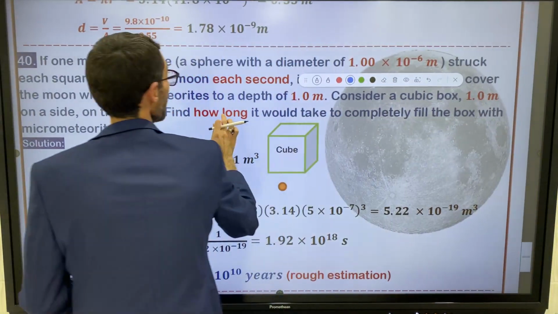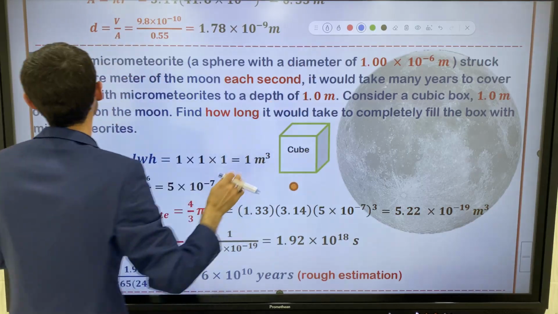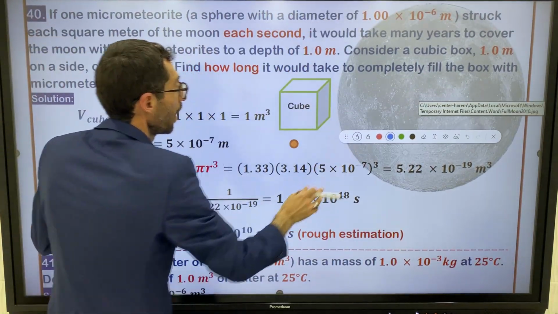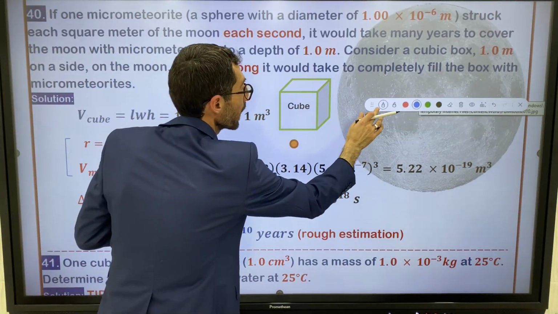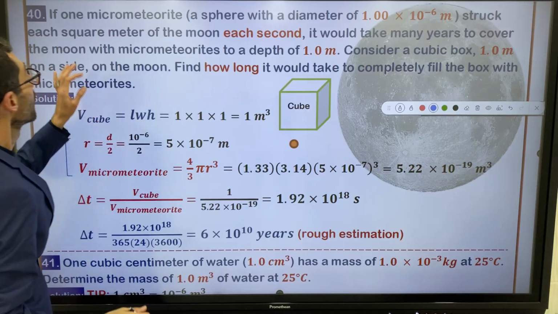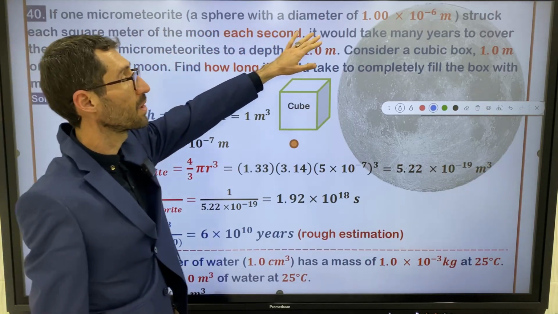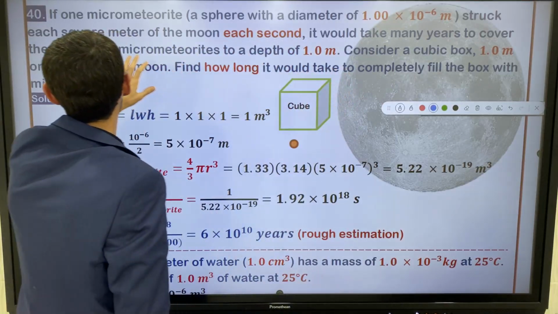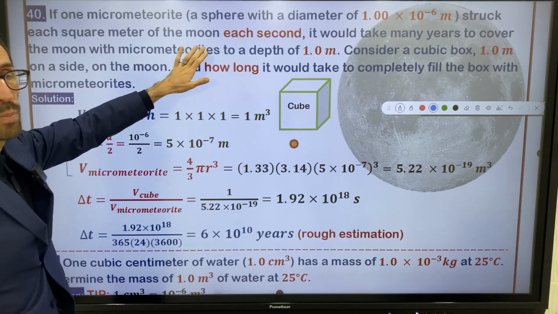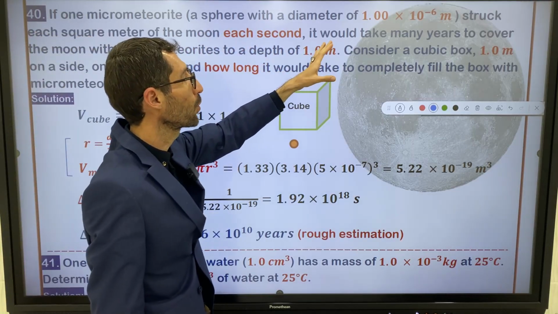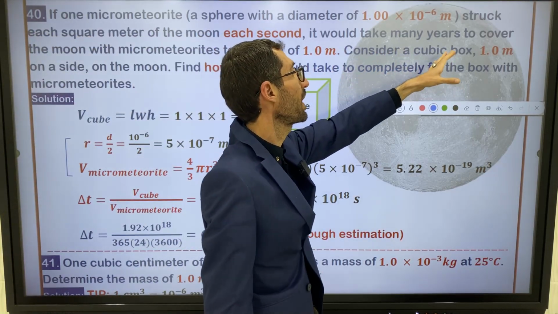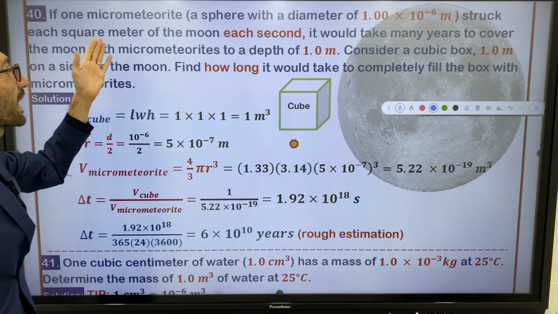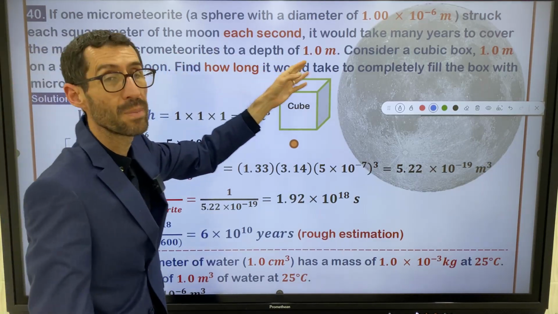Question 40. Let me read it for you. One micrometeorite, a sphere with a diameter of 1 times 10 to the power -6 meters, strikes each square meter of the moon each second. It would take many years to cover the surface of the moon with micrometeorites to a depth of 1 meter.